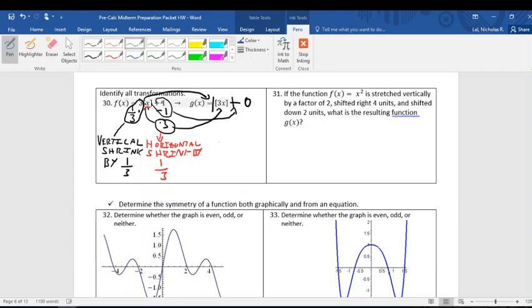And then plus 0, but in order to get that plus 0, we had to subtract 1. So shift down 1.